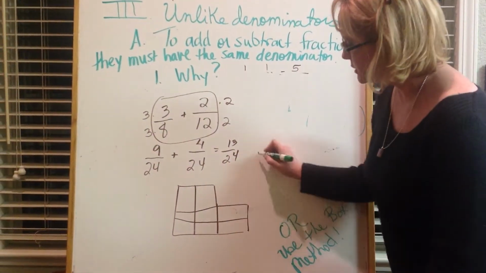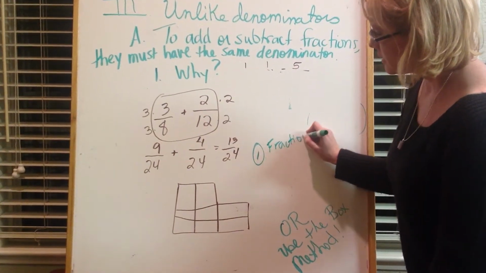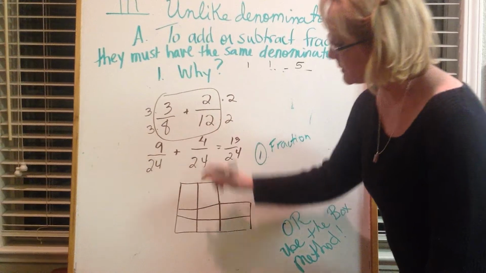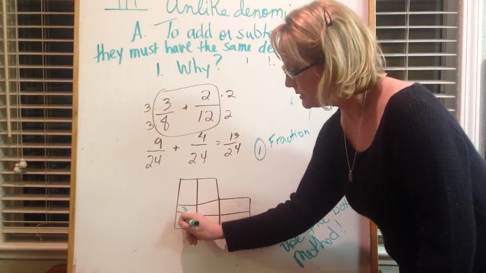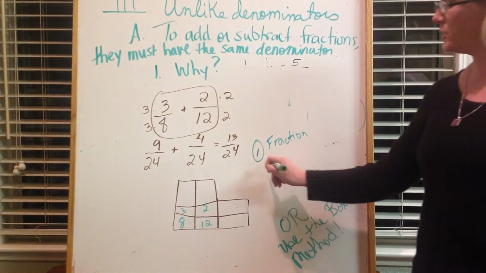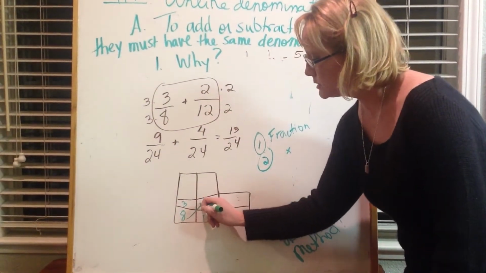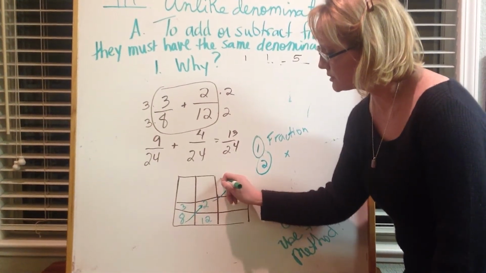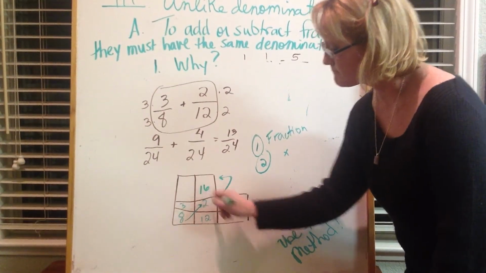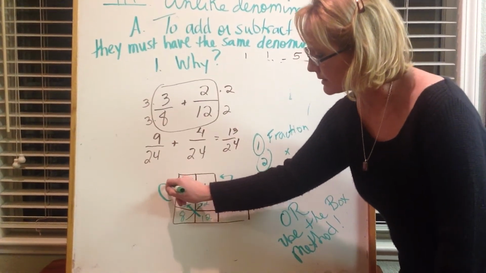The first thing you're going to do, number one, is write the fraction. So I have 3/8 and 2/12. I'm going to write 3/8 and 2/12. Your next step is you're going to multiply. 8 times 2 is 16. I'm going to write the answer right here. 12 times 3 is 36. I'm going to write that answer right here.